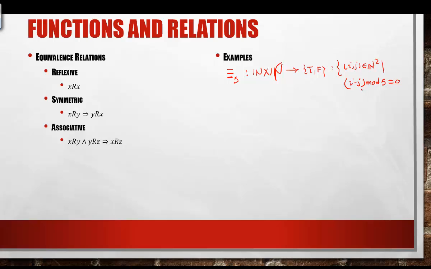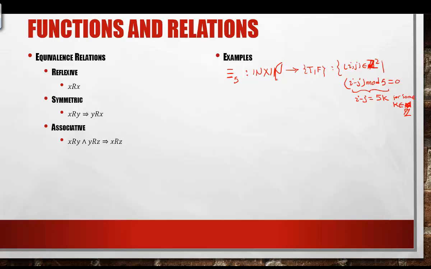Or another way to say this is that i minus j is equal to 5k for some integer k, so from Z. And let's make these also from Z, so we'll also take negative numbers as well.